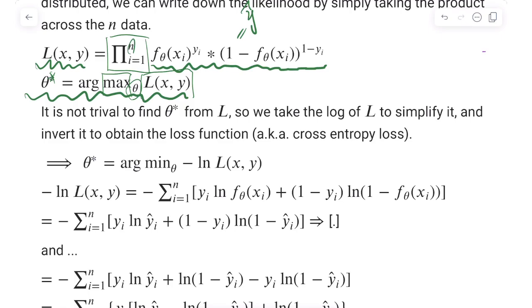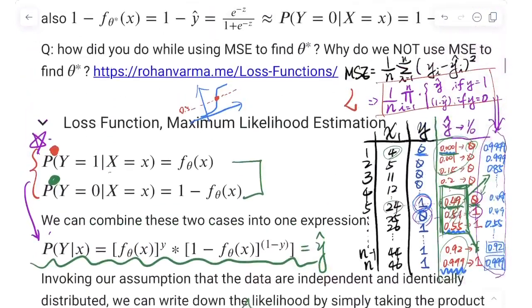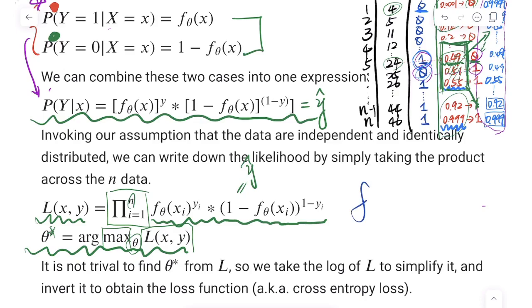And again, right here, f theta of xi in logistic regression is one over 1 plus e powered by this value.